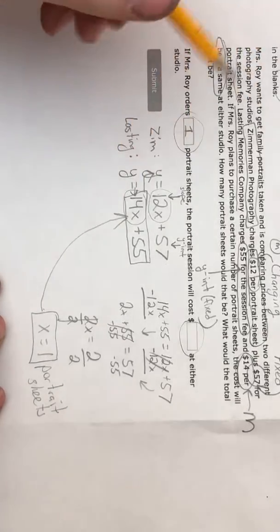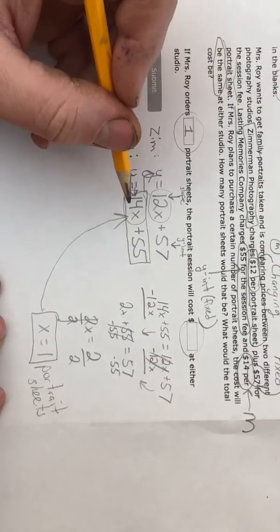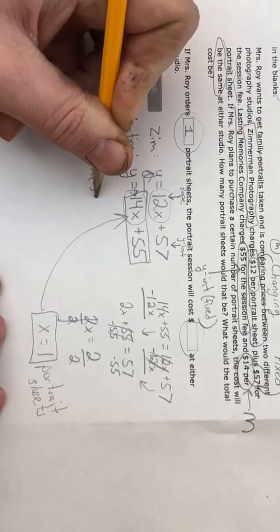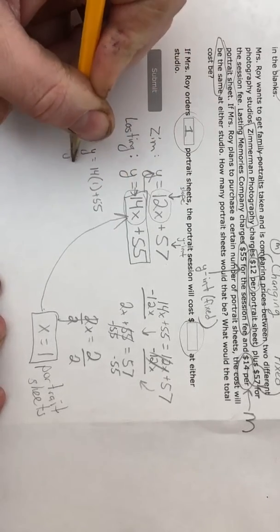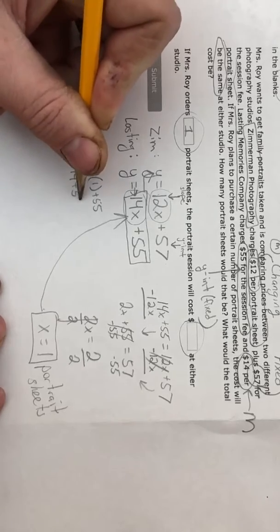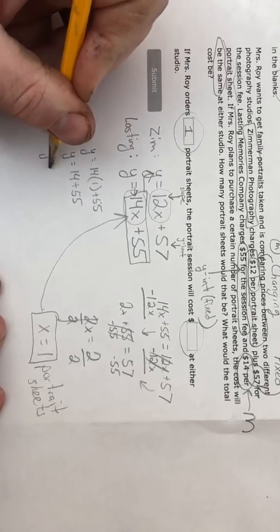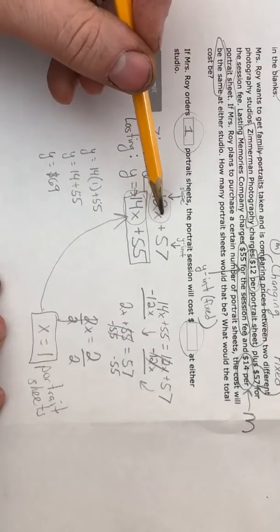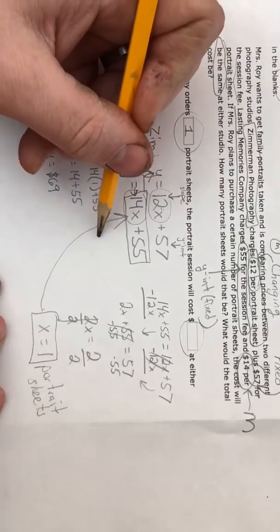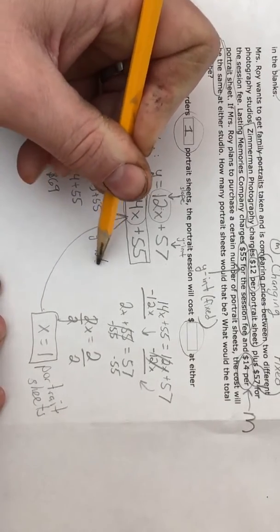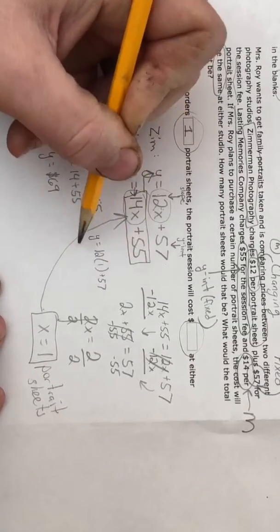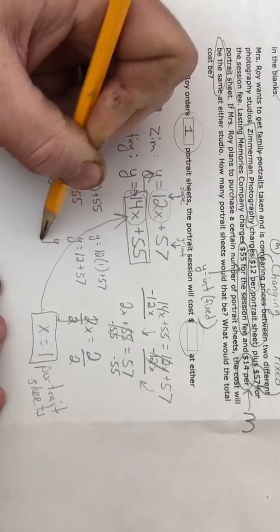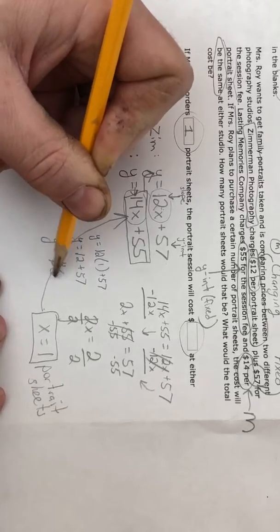If you put 1 into the bottom equation, you get y equals 14 times 1 plus 55, which is 14 plus 55, which is $69. If we plug it into the top equation, you get y equals 12 times 1 plus 57, which is 12 plus 57, which again equals $69.